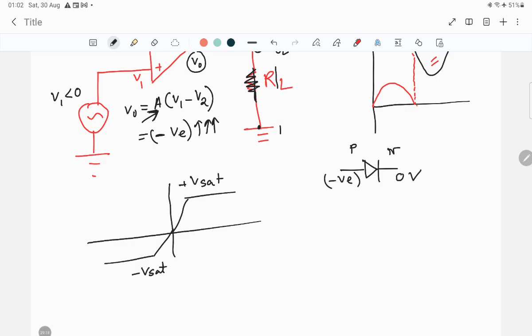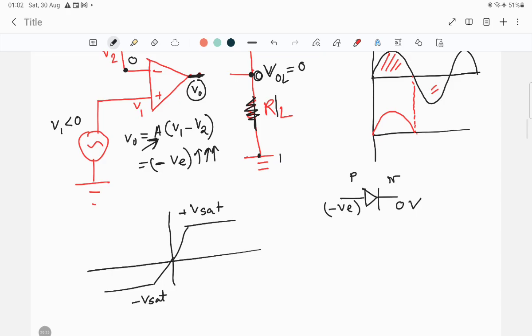So in the reverse bias configuration, the output of the op amp will enter into the saturation region, and when it comes into the positive half cycle, it will need some time to return from the negative half cycle to its normal operating condition.